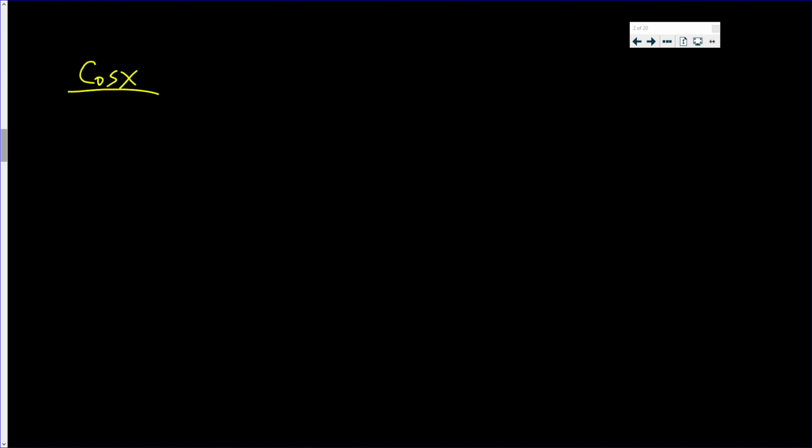Cosine x over secant x sine x. This is equal to cosecant x minus sine x. The left side is just our product. The right side is a subtraction. Sorry, the left side is a fraction. I apologize. The right hand side is a subtraction.